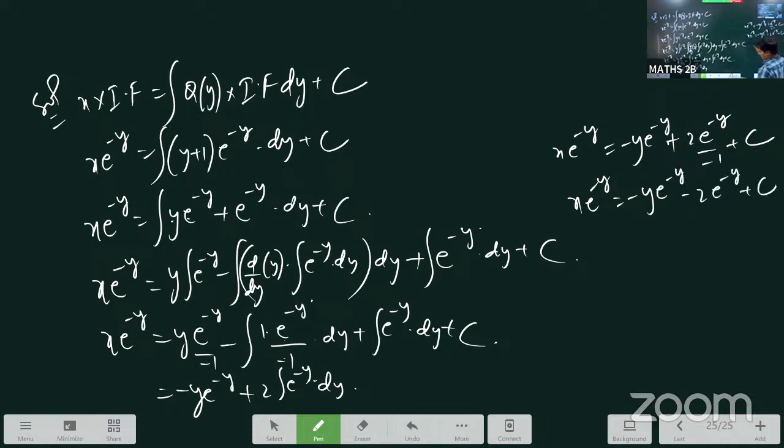So here the complete simplification: x e power minus y plus y e power minus y plus 2 e power minus y equals c.